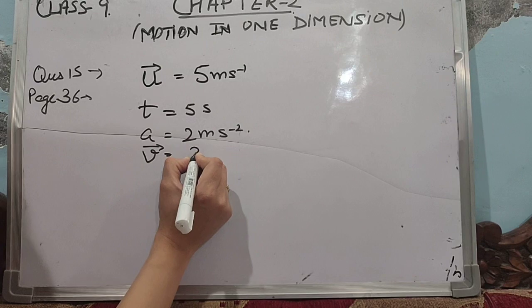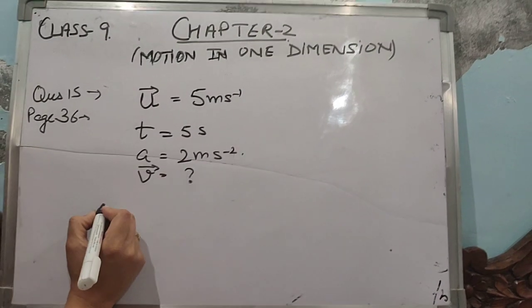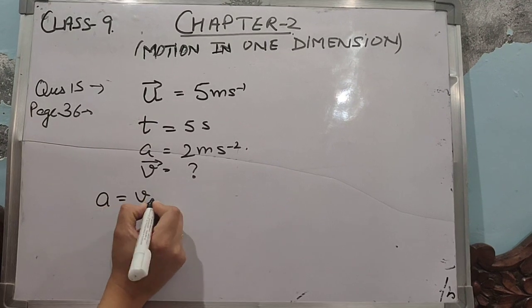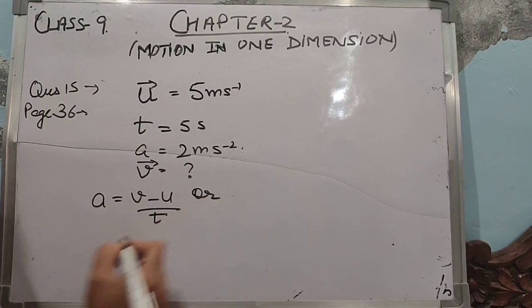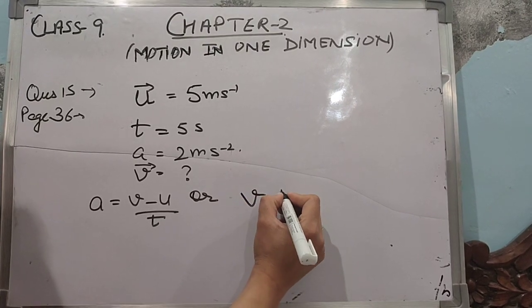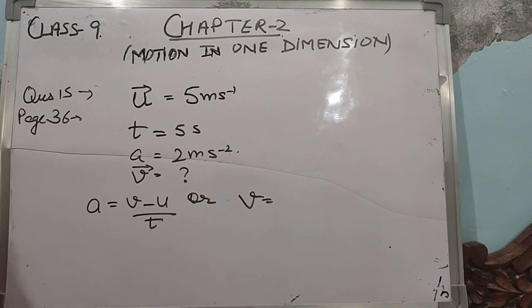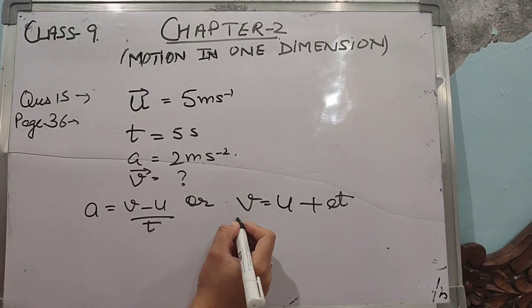We know the final velocity is denoted by the letter v. We know the formula a is equal to v minus u upon t, and from this formula we derive the equation v is equal to u plus at, and we will put the values directly here.